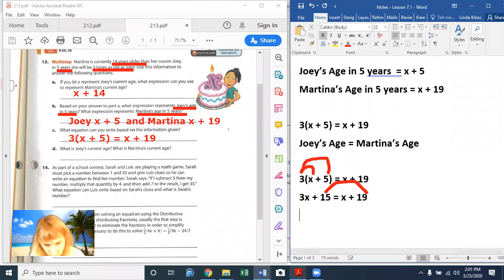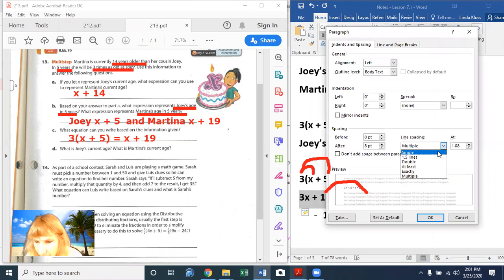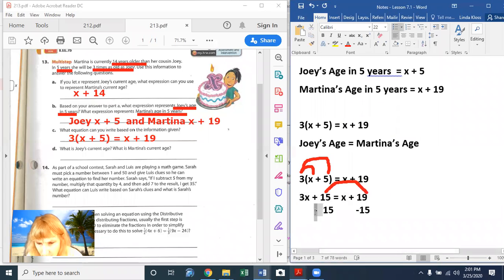So we do minus 15 to both sides, minus 15, and let's line that up better. Okay, I'm going to underline that.